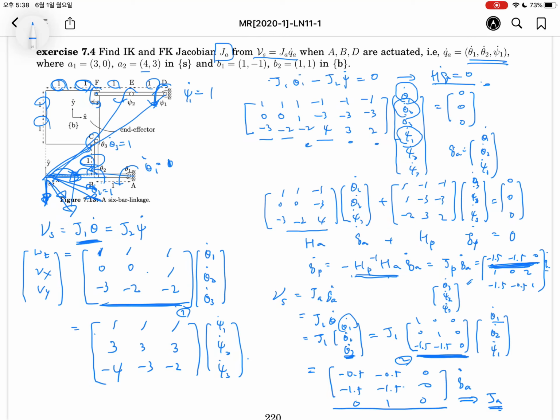Okay, like this we can find the active Jacobian using column exchange or column extraction from the full matrix H. I think it's not difficult. It is related to the row operation or column operation of linear algebra. So I'd like to recommend you solve problems 7.8 and 7.7.